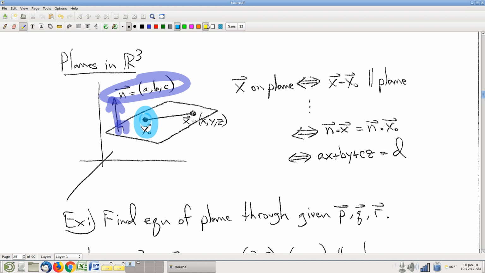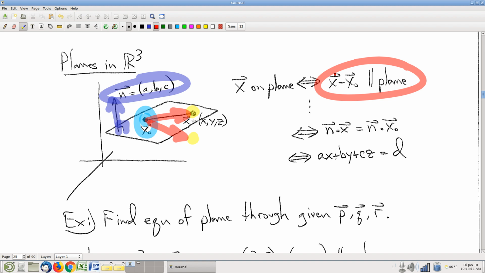Observation, if you want to test whether a point is or is not in the plane, check whether the difference vector is or is not parallel to the plane. That's the perfect test, right? You'll notice this is just, again, shameless ripoff of the argument that we made in the context of lines.